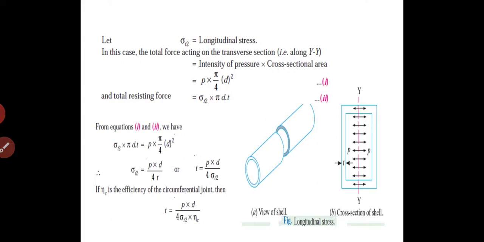This is the pi by 4 d square cross sectional area into P, the internal pressure. This is the bursting force. The total resisting force will be pi d t into sigma t.